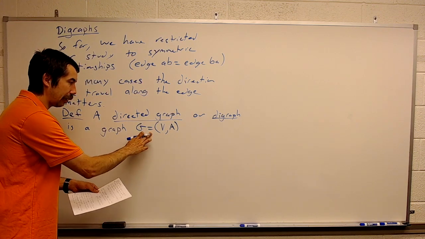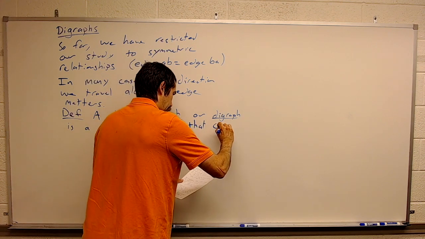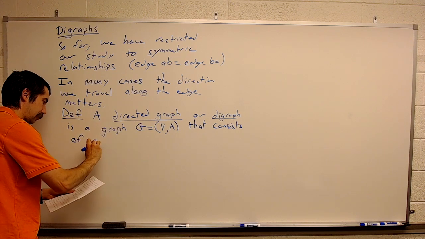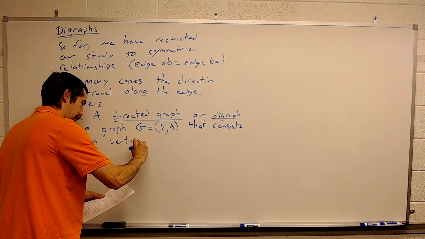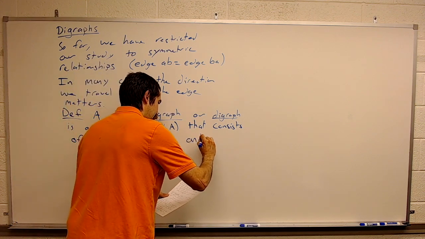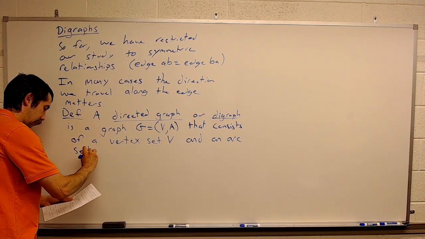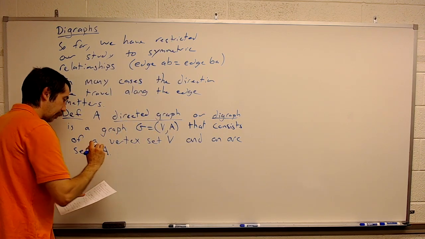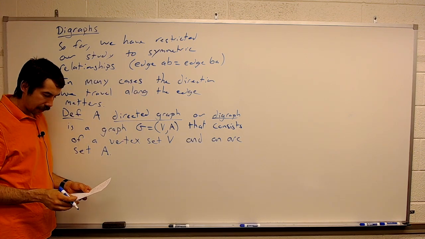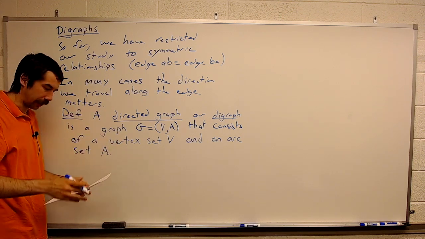Okay, so it's G equals (V, A) that consists of a vertex set V and an arc set A. Well, what is an arc? An arc is an ordered pair of vertices. It has a direction to it.